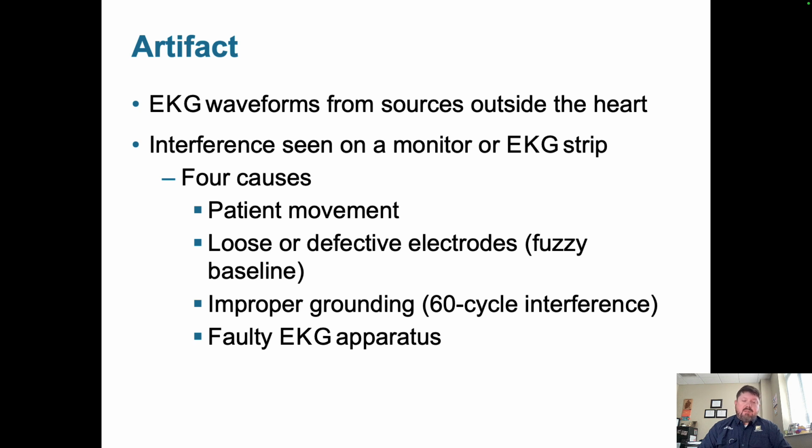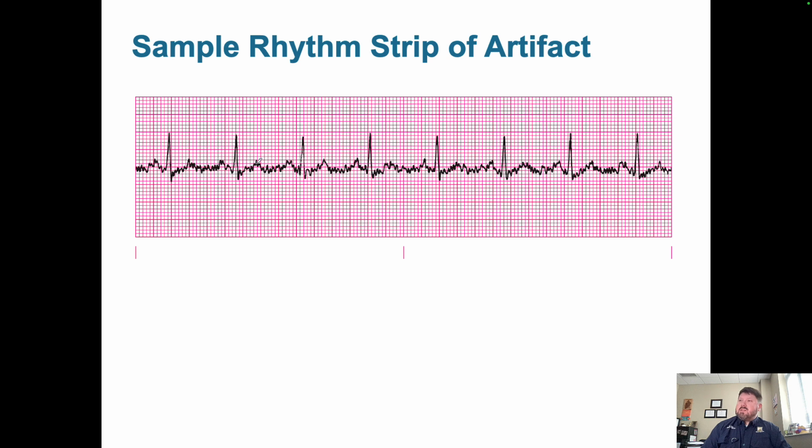And then finally, if we see artifact and we can't determine that the patient was moving or that the electrodes were loose, then we want to look at the EKG apparatus and see, is it faulty? This is an example of artifact.